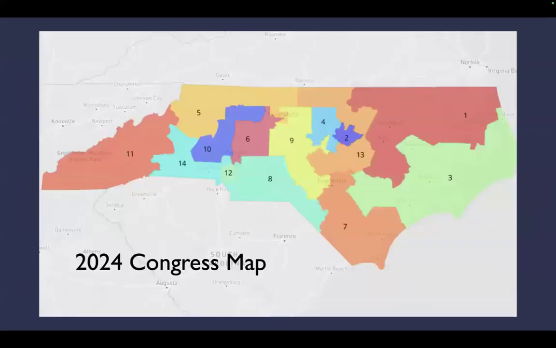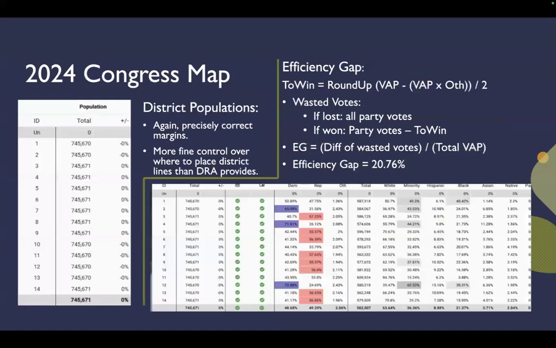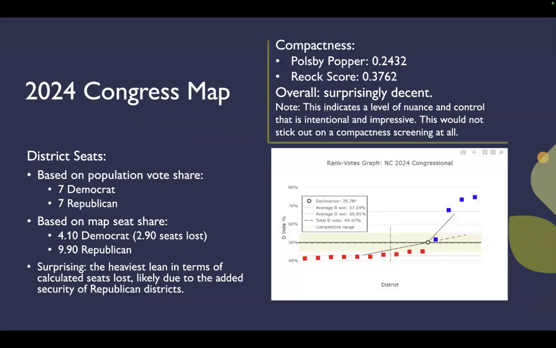And then here we have the 2024 NC congressional map. Same thing here, everything in terms of the percentages was incredibly close at 0%. This is precisely correct margins and a more fine control over where to place district lines and gerrymandering that the DRA provided. The efficiency gap is comparatively high at 20.76%. And as well, based on the map share, Democrats lost.